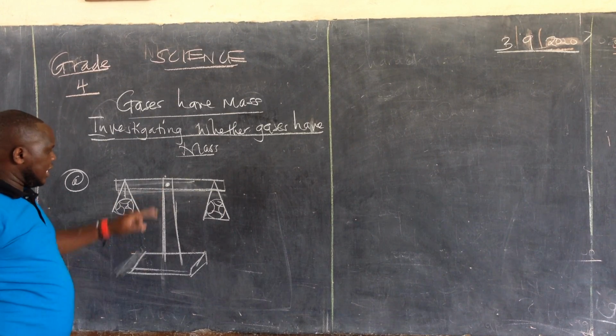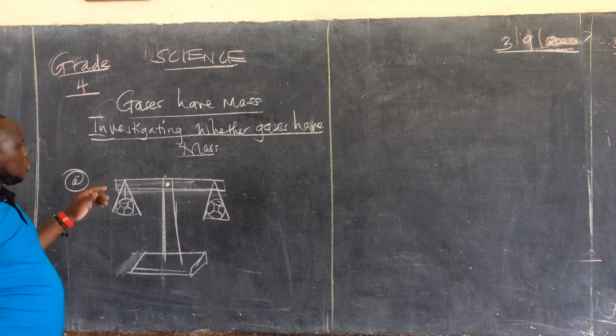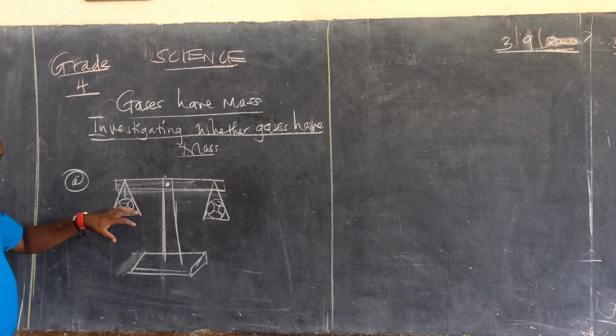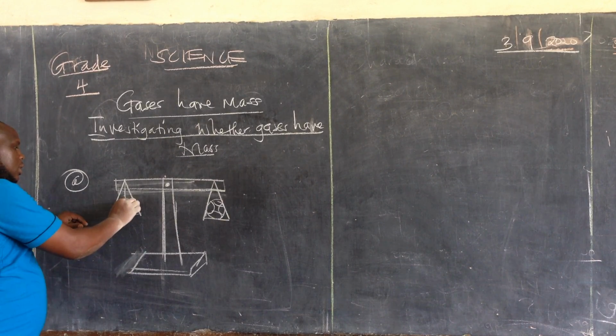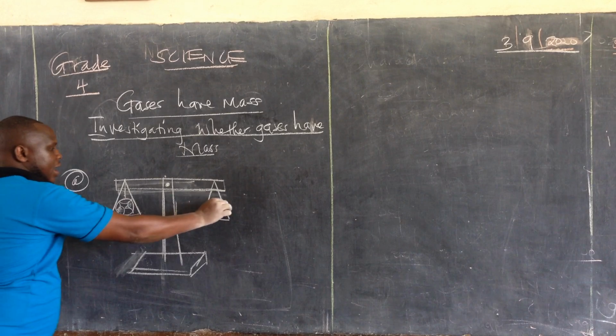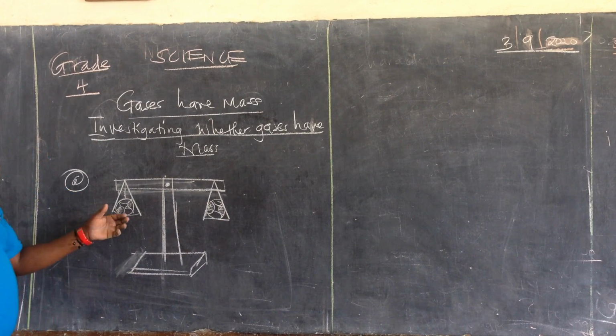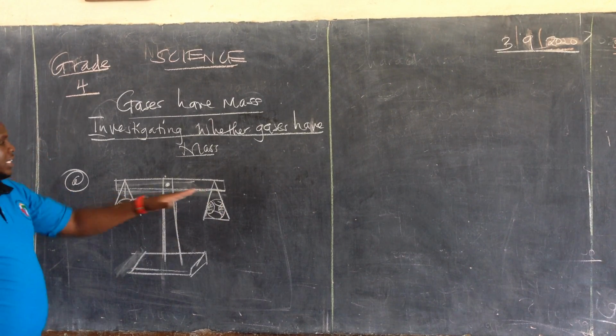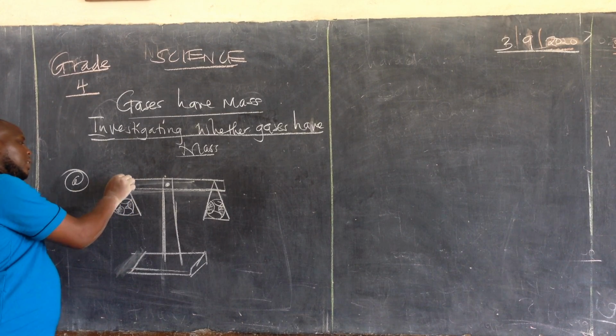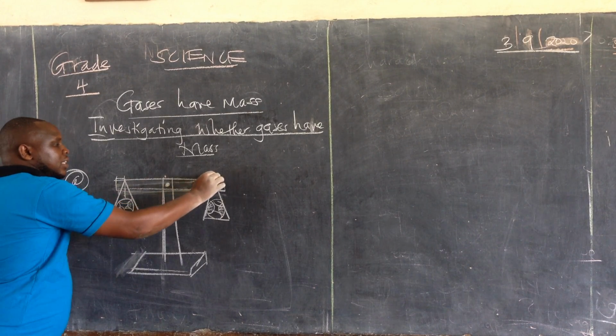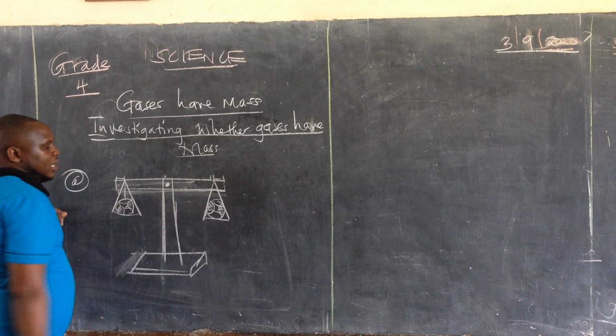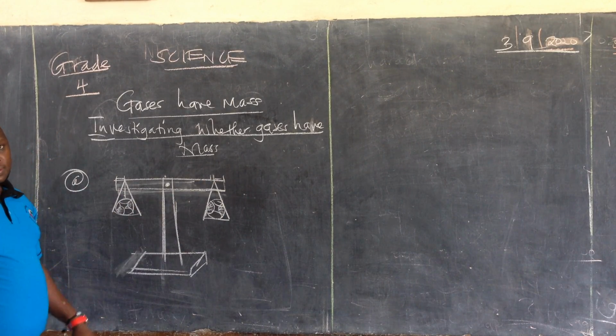So if you inflate the same 2 balls with the same amount of air and place them on a basket like this, and you hang them from the same distance, they are going to balance.